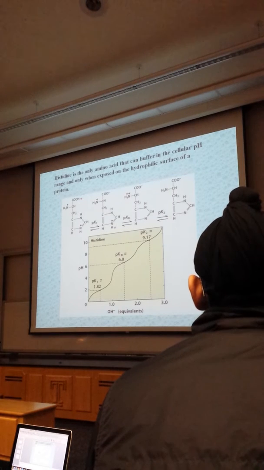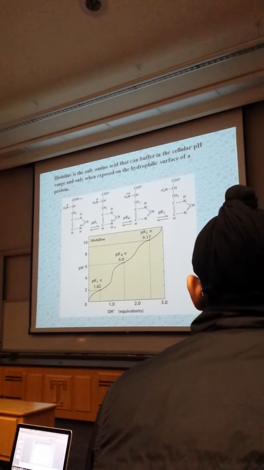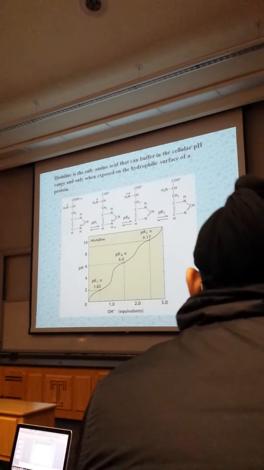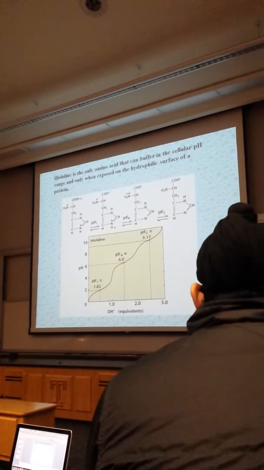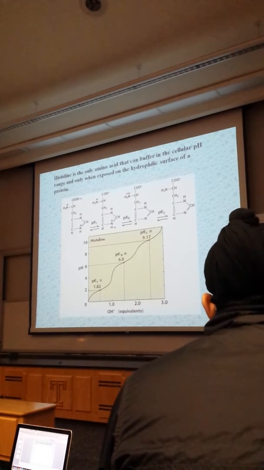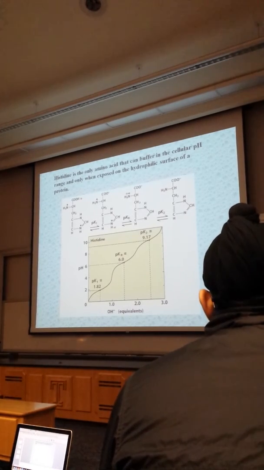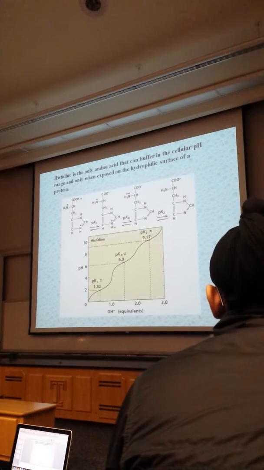So that's right within the blood, it's right within the cytoplasm of the cell. So histidine is the only amino acid that can function as a buffer in our cellular background and in our blood. And so consequently, histidine is an amino acid that you'll find oftentimes on the surface of proteins because it has this buffering capacity.